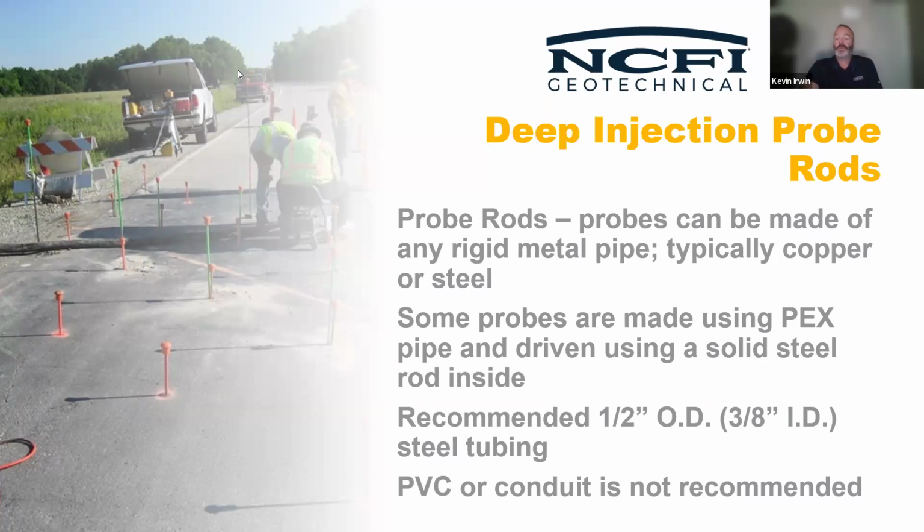It gives off heat during that process, so PVC can be affected by that and weakened. And of course, we're working with some pretty high pressures, so conduit's not going to hold up very well. But the probe rods come in varying types. We do have different types that we recommend, and you can contact us for that as well. Contact your local NCFI representative.